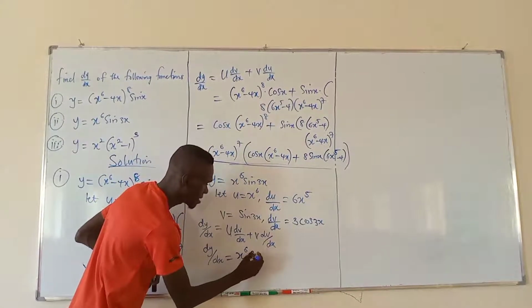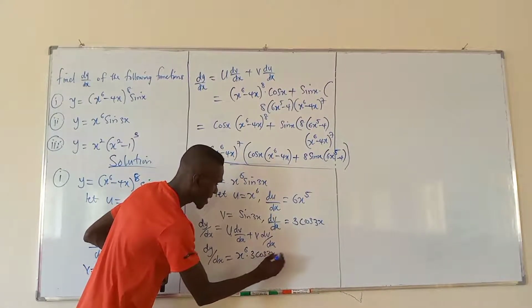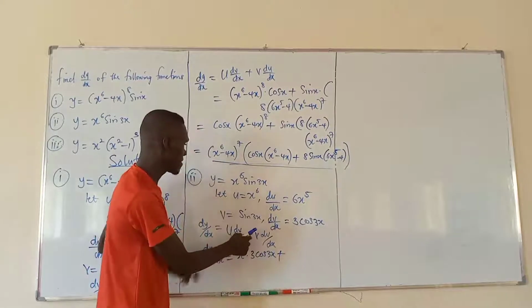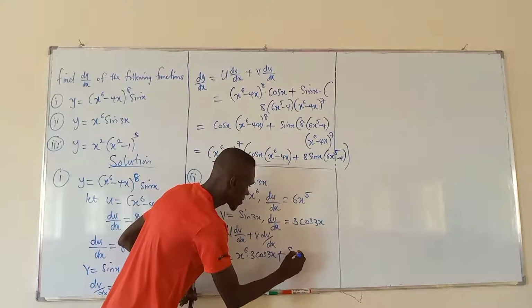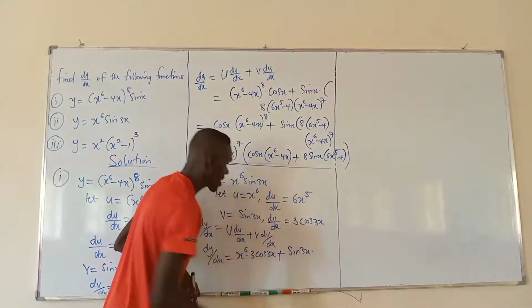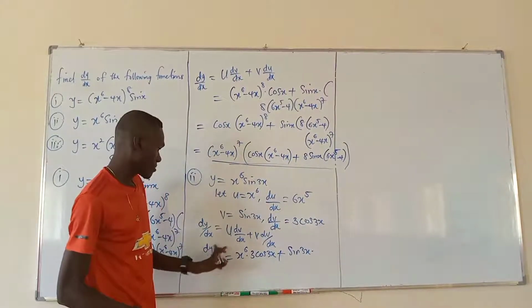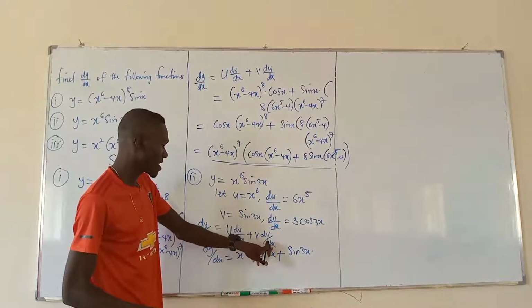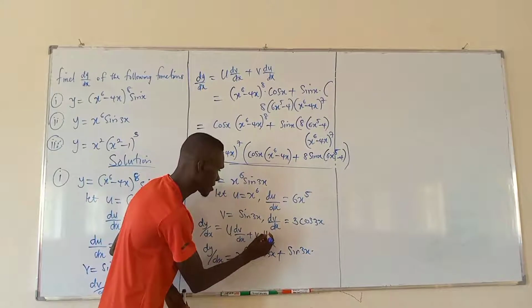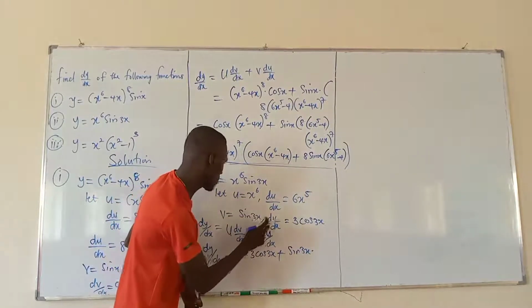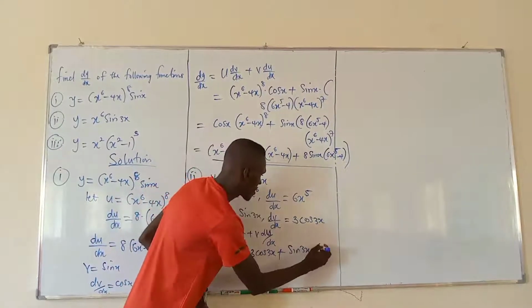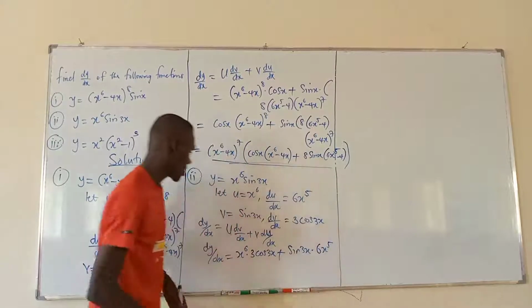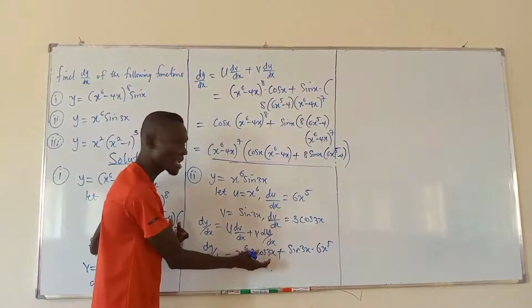So I'll be having 3 cos 3x, then plus, what is v? We said v is sine 3x. So sine 3x times du/dx, which we said is 6x^5.